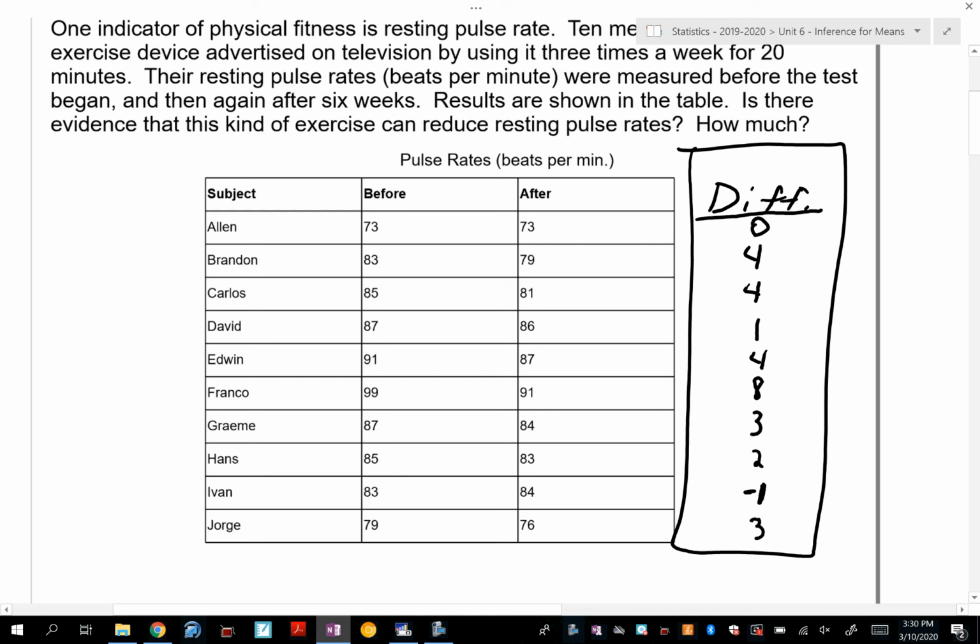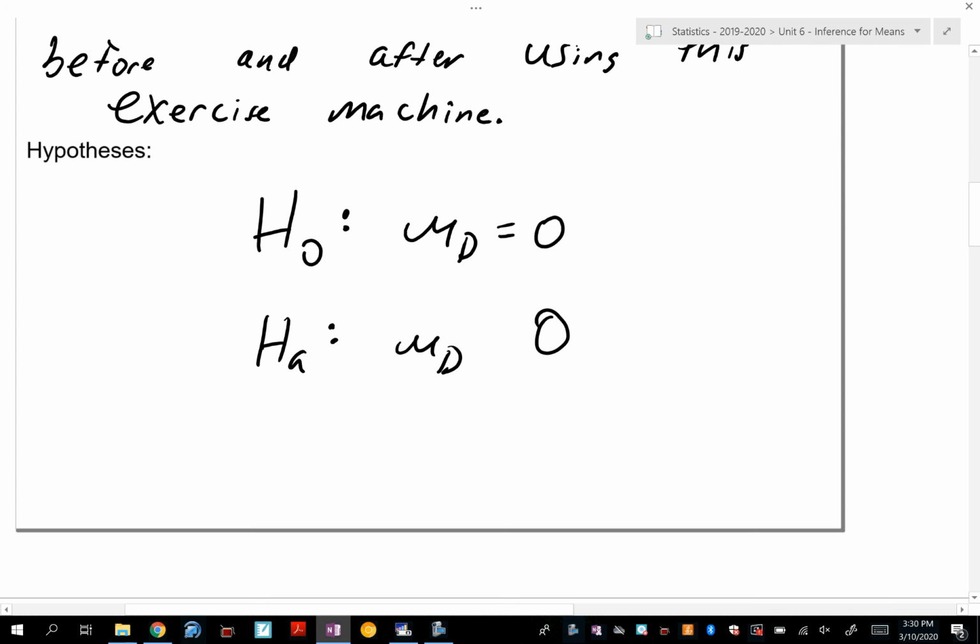I'll do it again. The difference is before minus after. And we're saying, is there evidence that this will reduce their resting heart rate? So these numbers should be smaller than these numbers. So if these numbers are smaller, when I subtract, I get a positive number. So for the alternative, I'm looking for greater than 0, positive numbers. That will tell me if there's evidence. Everybody good with that? Honestly, that might be the trickiest part, deciding what to use for the alternative.